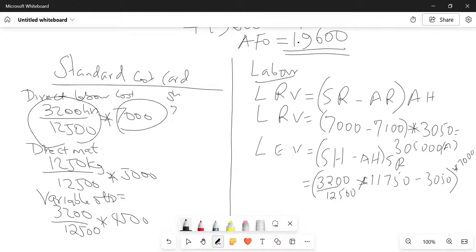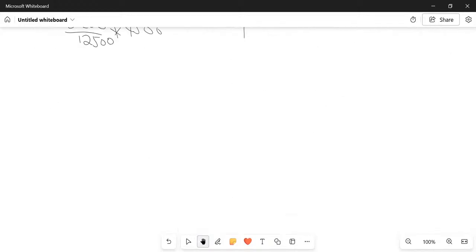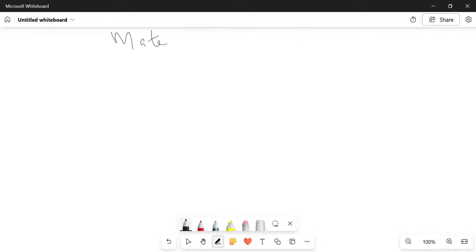So then we go to the materials. The first one will be fairly easy to get. For materials, what do we have? We have the material price variance, the difference between two prices.